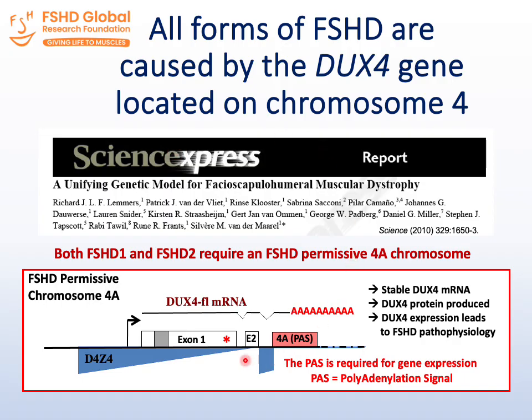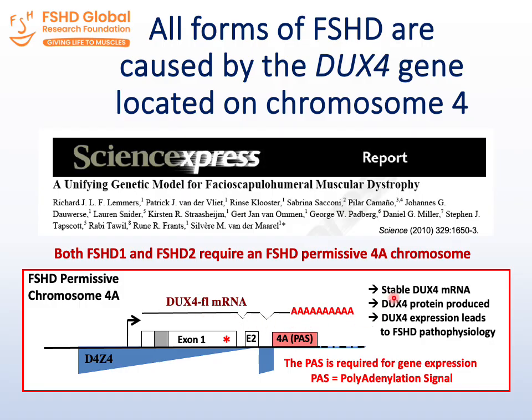Okay? Now, there's only part of it in each of these D4Z4 repeats. The second part of the gene that's absolutely required, the polyadenylation signal, is located in the 4A subtelomere. This is a special signal that allows for the gene to be expressed. It tells the transcription machinery, the gene expression machinery, to put a whole bunch of A's on the end of the RNA.